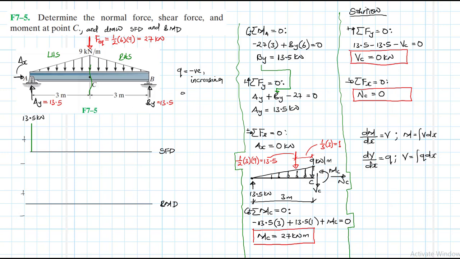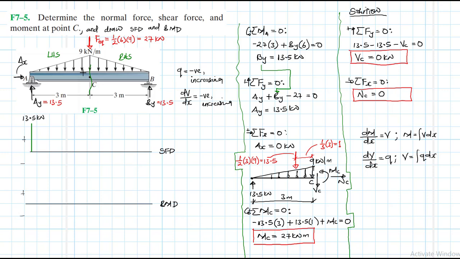And therefore we expect the slope of our shear diagram, dV/dx, to also be negative, and it will also be increasing. So expect the slope of the shear diagram to be negative and increasing.